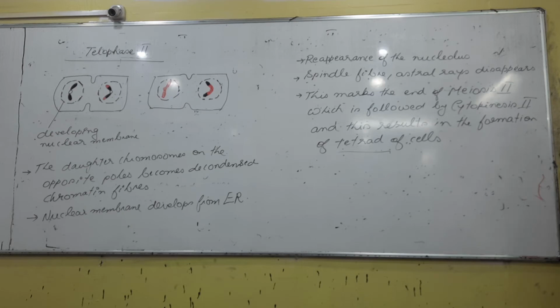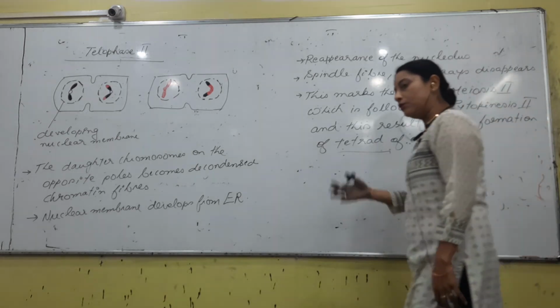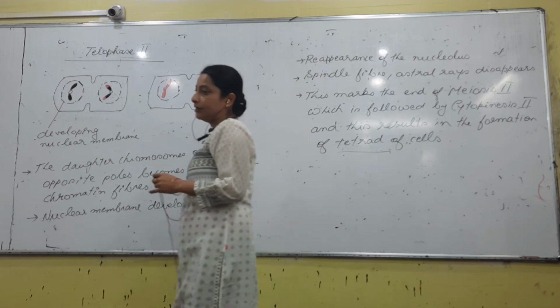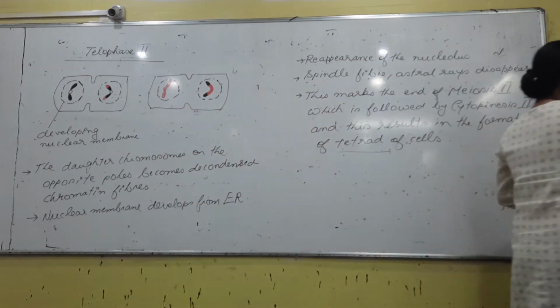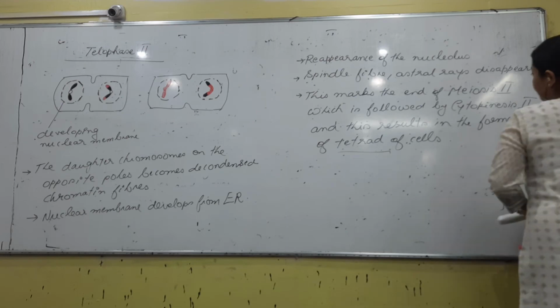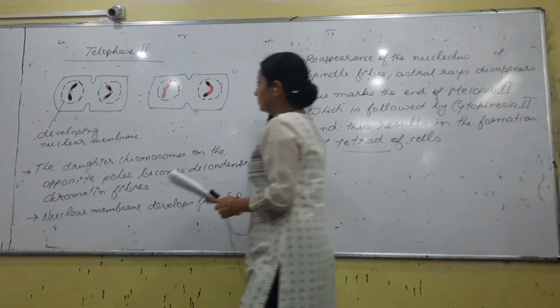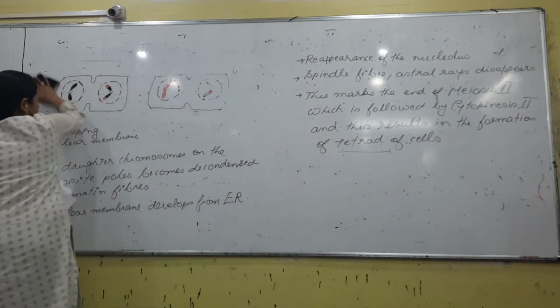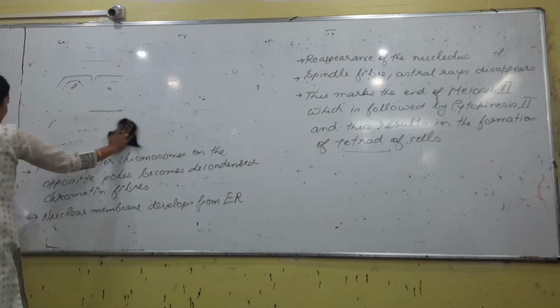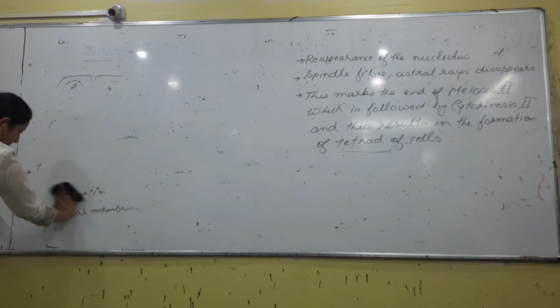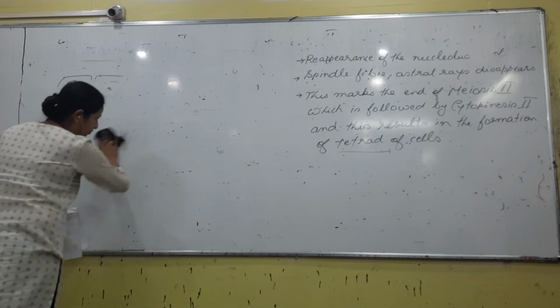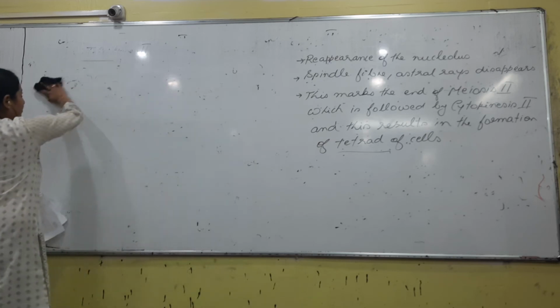Do you have any doubts? Just go through the whole of meiosis 1 and meiosis 2 once more and ask if you have any doubts. Is this part over, the diagram? Just go through the process and see whether it's clear or not.